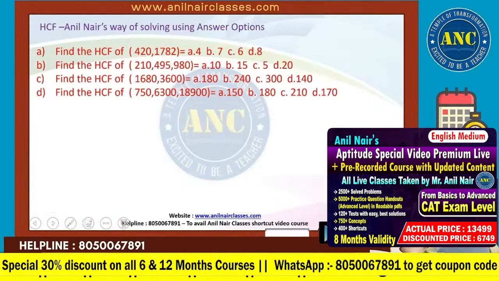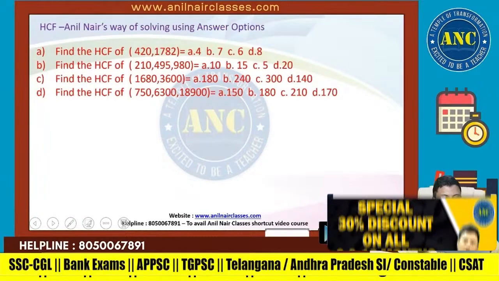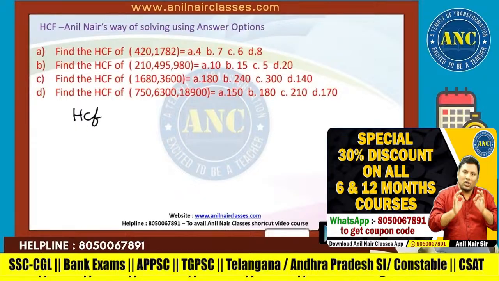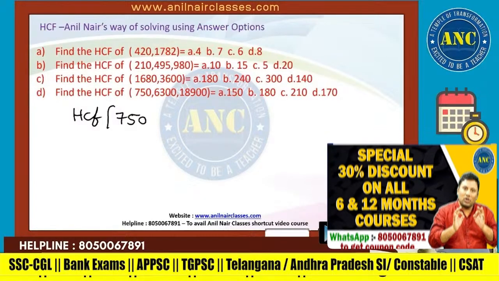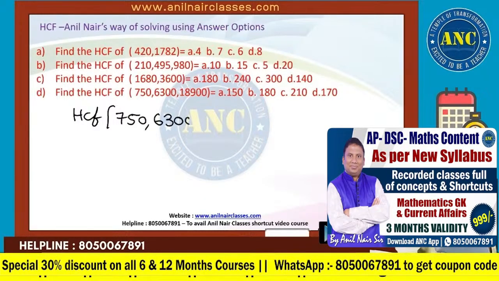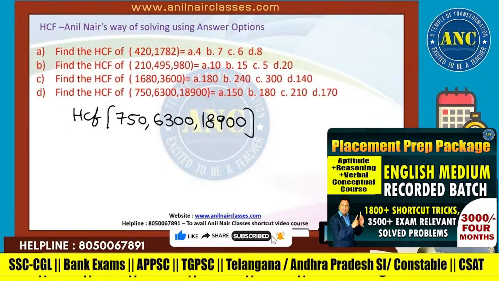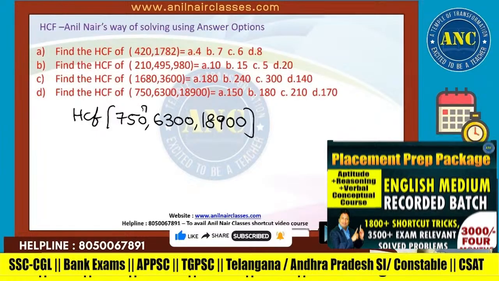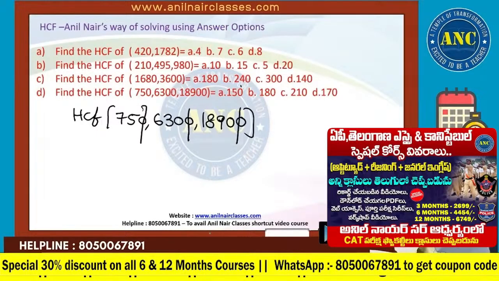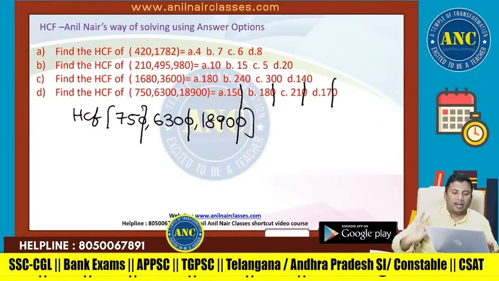Option D. HCF of 750, 6,300 and 18,900. I want a very simplified calculation, so I will delete one 0 in the question and in all the options.